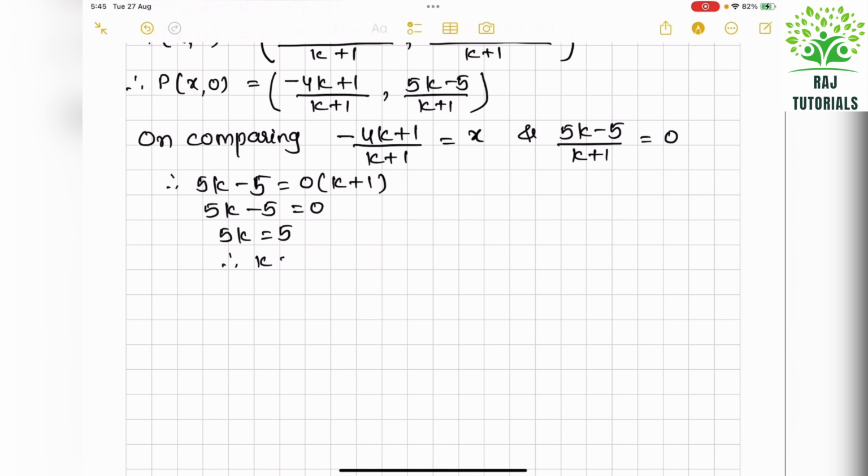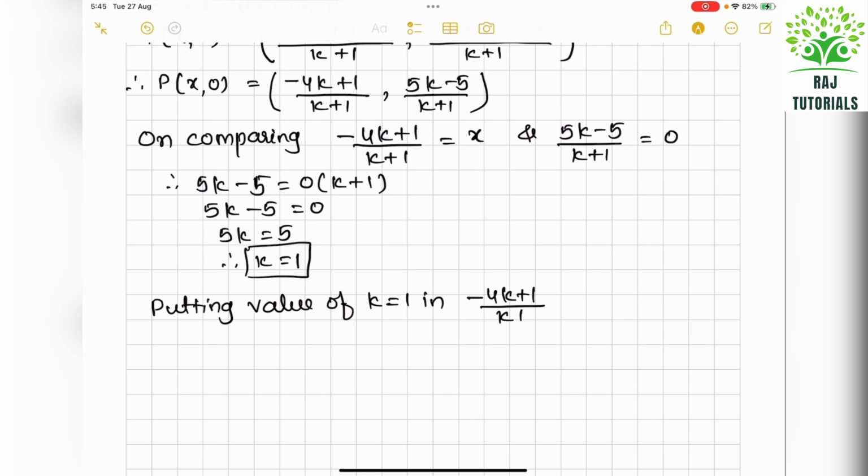So therefore k equal to 1. Putting value of k equal to 1 in (minus 4k plus 1) upon (k plus 1) will be equal to (minus 4 into 1 plus 1) upon (1 plus 1). Minus 4 plus 1 will be minus 3 by 2. So therefore x equal to minus 3 by 2.